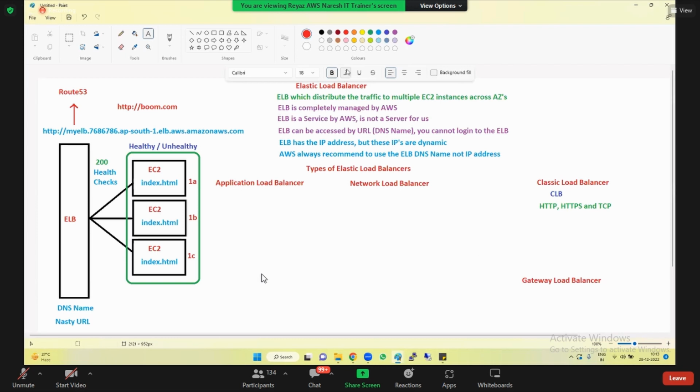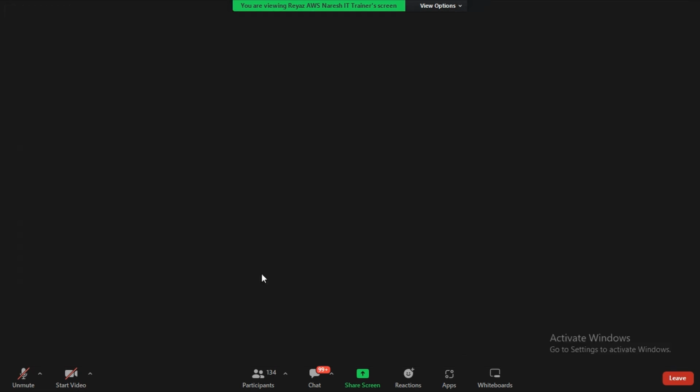Guys, in shortcut, you call them ALB, NLB, CLB, and GLB. Write down those. What are the different types of load balancer we have? ALB, NLB, CLB, GLB. Application load balancer, network load balancer, classic load balancer, gateway load balancer.